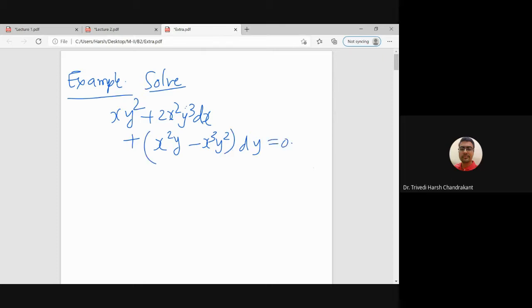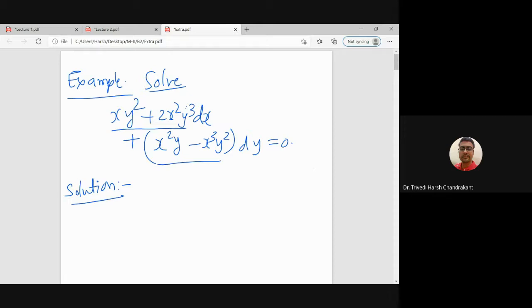So we need to solve this differential equation. If you want to apply the fourth method, it is easy to observe that in the dx term, we can take y common from this term. And from the dy term, we can see that we can take x common.